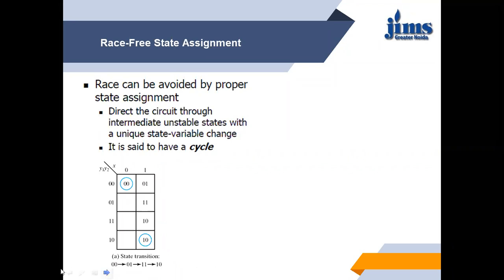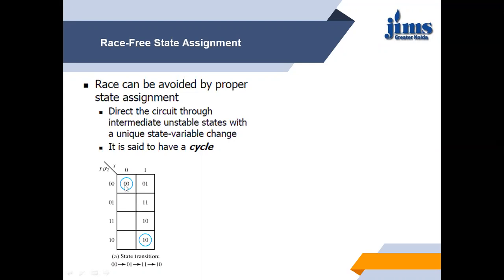You can see in each possible transition, only one bit is changing, just like what happens in the gray code. One bit is changing from 0 0 to 0 1, then 1 1 is one bit change, and 1 1 to 1 0 is a single bit change, and the final state is constant. So we should always decide a cycle when we are designing asynchronous sequential circuits.